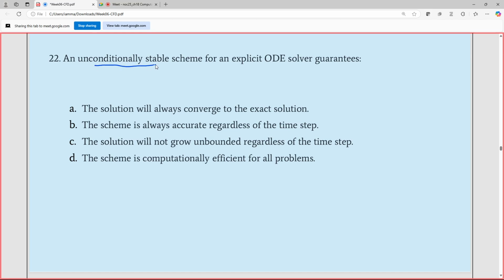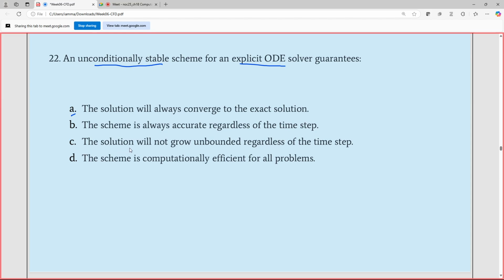An unconditionally stable scheme for an explicit ODE, that is ordinary differential equation solver, guarantees which among the following? Options are: option A, the solution will always converge to the exact solution. Option B, the scheme is always accurate regardless of the time step.